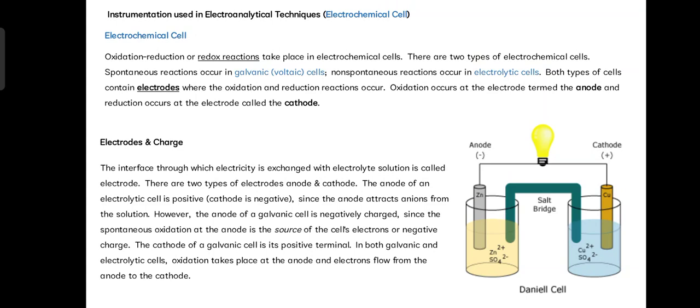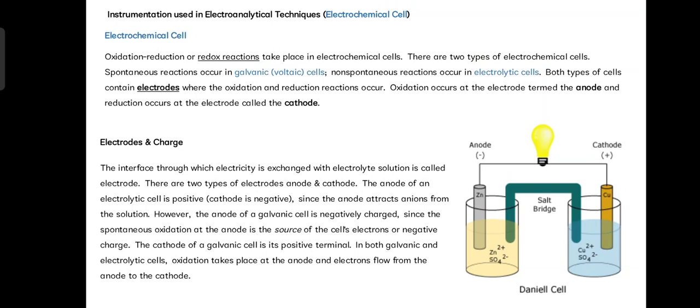The anode of an electrolytic cell is positively charged, and the anode of a galvanic cell is negatively charged. The cathode of an electrolytic cell is negatively charged, but in galvanic cells the cathode is positively charged.